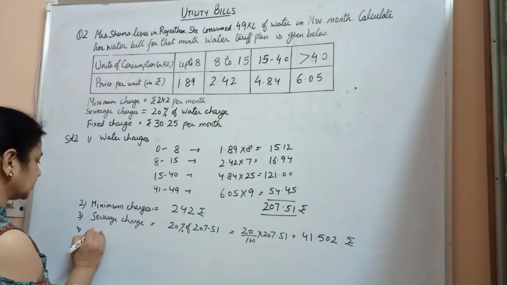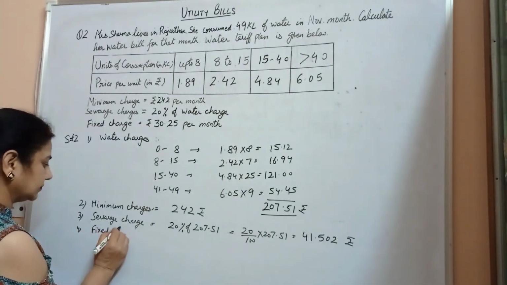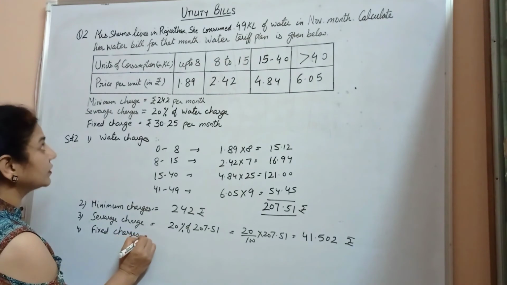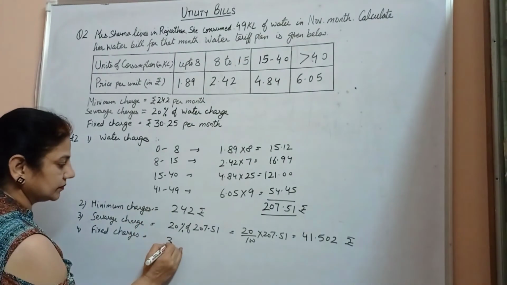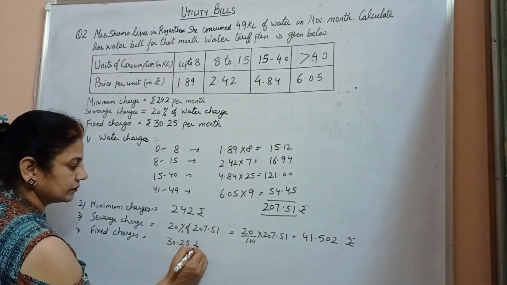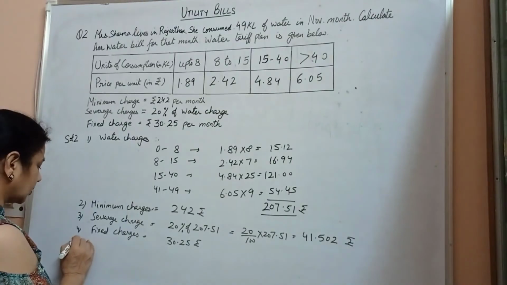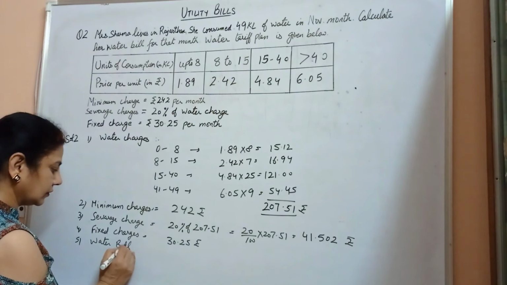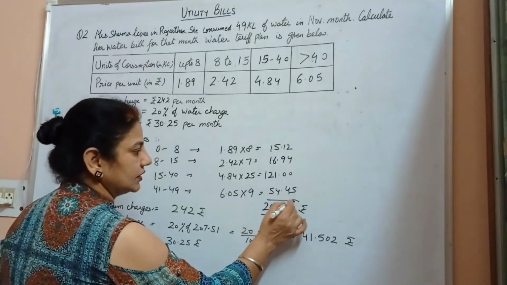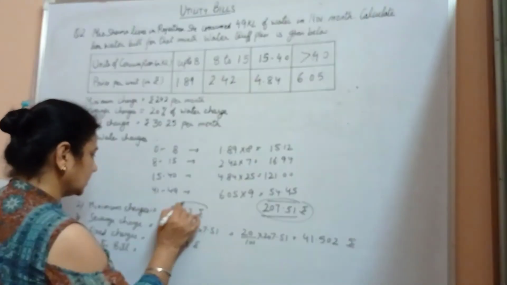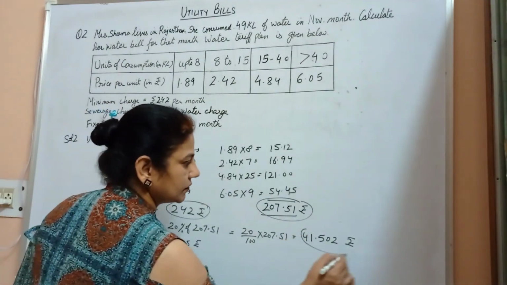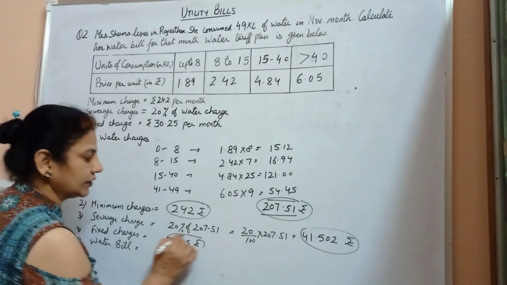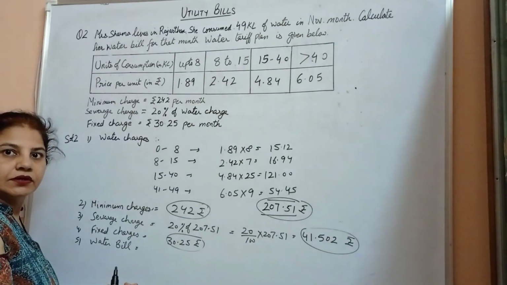Then fourth is fixed charges. Fixed charges are 30 rupees 25 paisa per month. Now the water bill will be the sum of all these charges: water charges, minimum charges, sewerage charges, as well as fixed charges. Add all this to calculate the water bill.